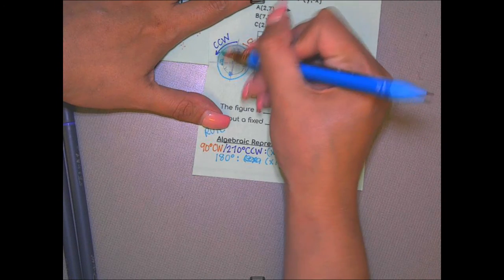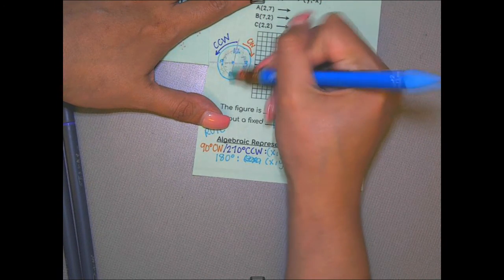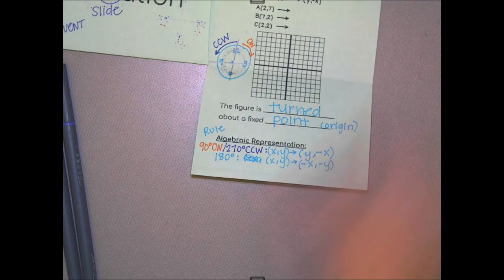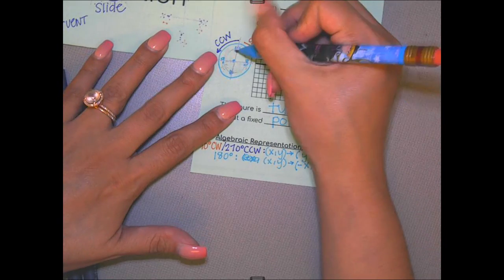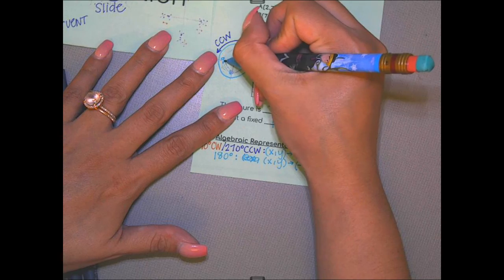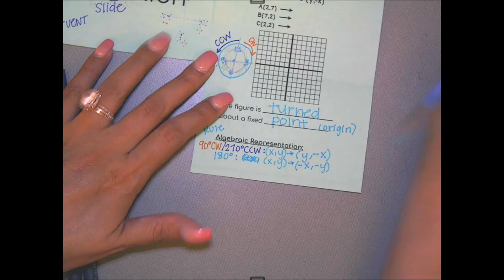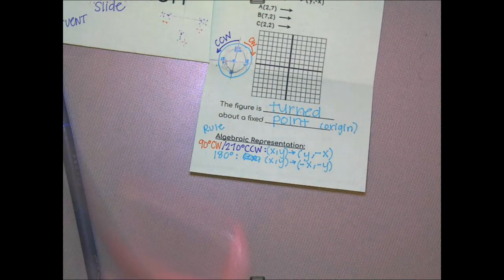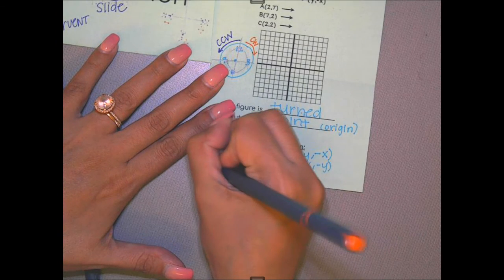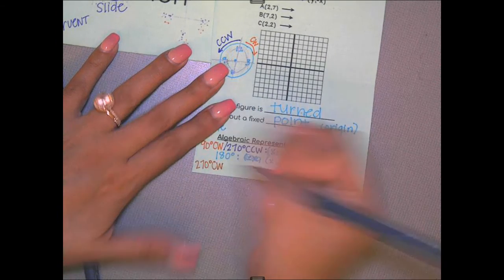And then again, we can have, if I start at the 12, I could go 1, 2, 3 turns and finish at the 9, or 270 degrees clockwise.